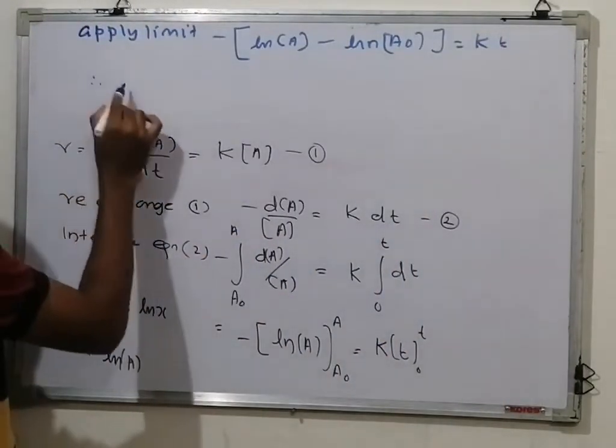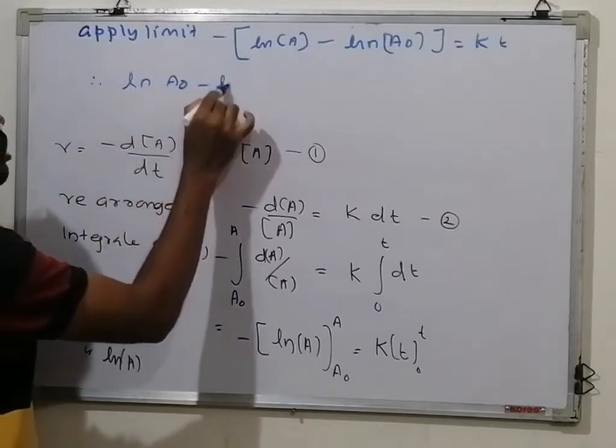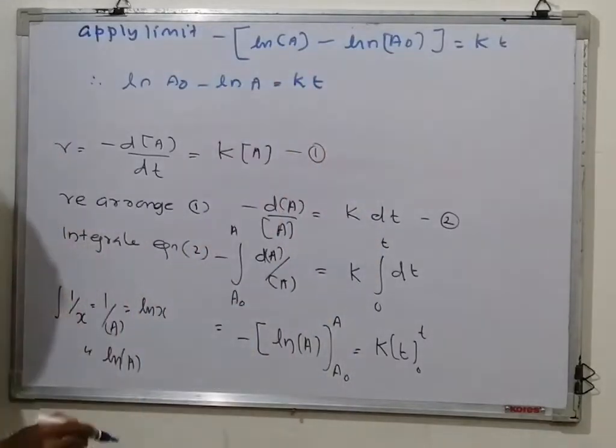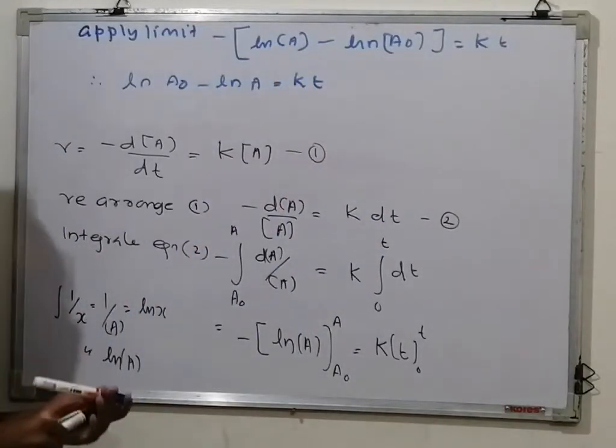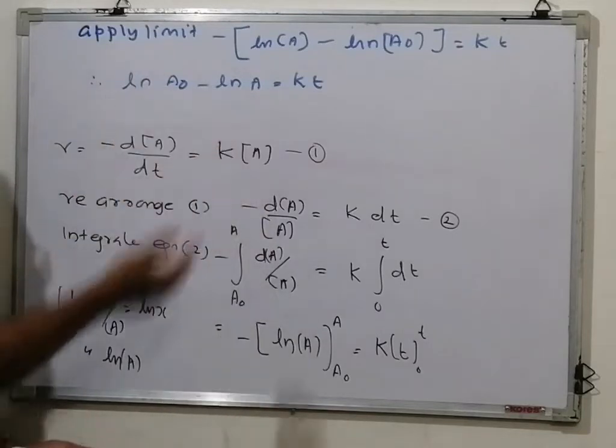Or it is ln a0 minus ln a is equal to kt. Okay. Now we can write in different forms.